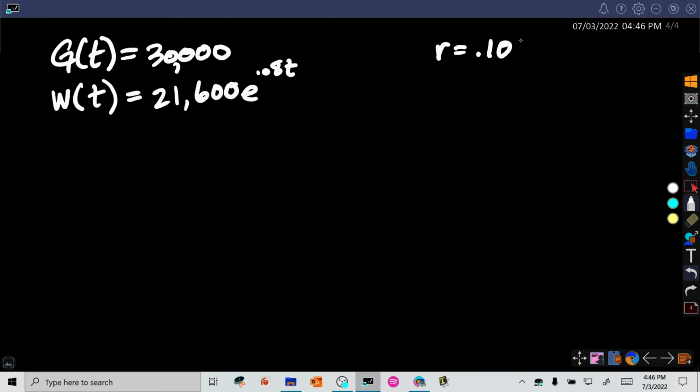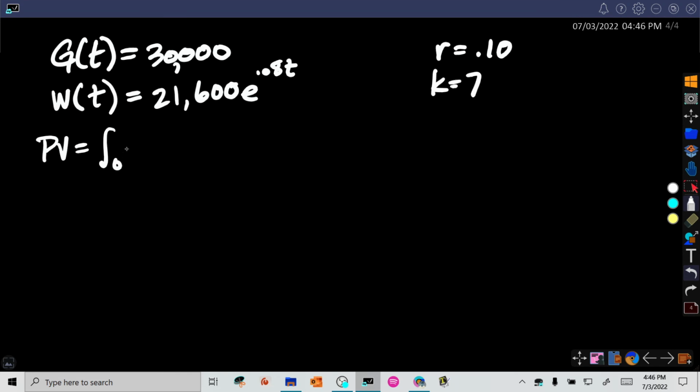Okay, so we need to find the present value of, let's do the first one, g of t. So this is going to be the integral, and I should mention k is equal to 7 years.